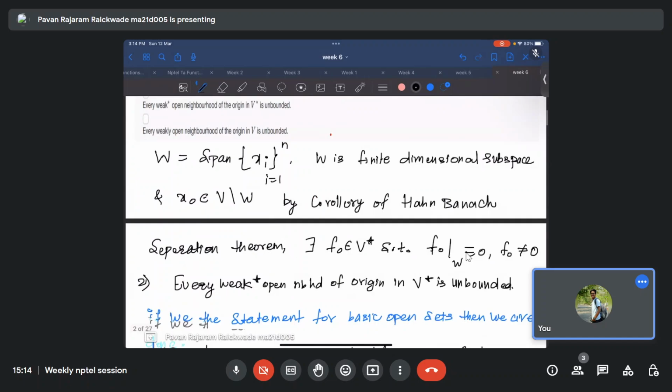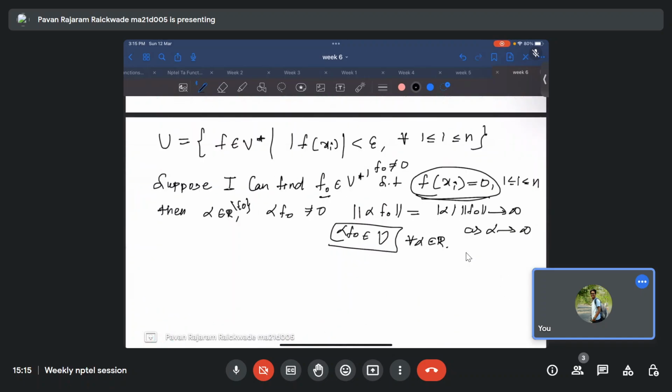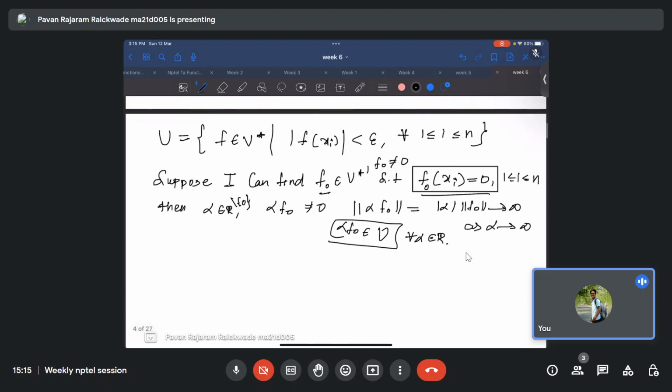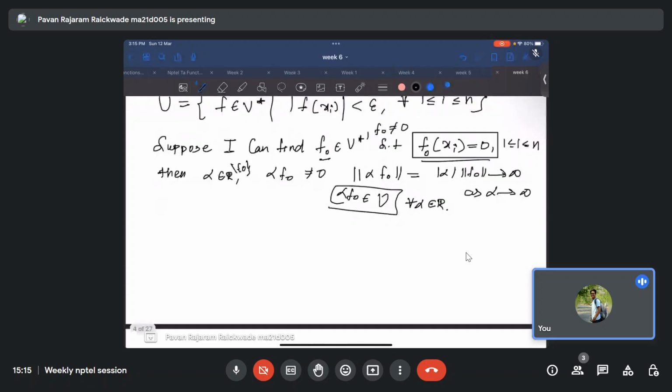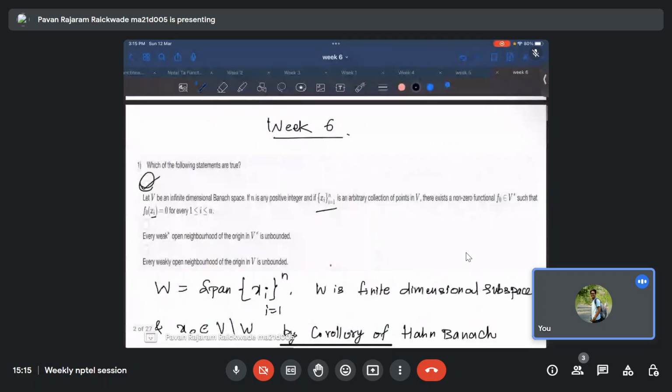Multiplying by alpha, alpha f naught is again in U, and as alpha goes to infinity, the norm goes to infinity. So the second statement is true: every weak star open neighborhood of the origin is unbounded.